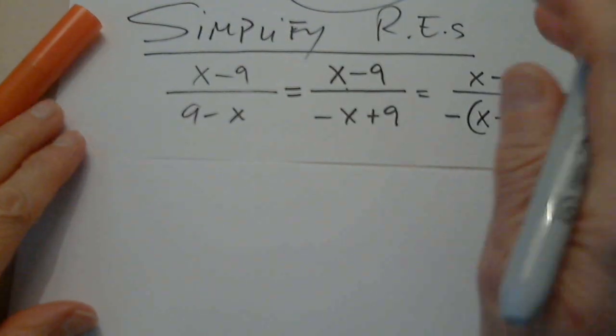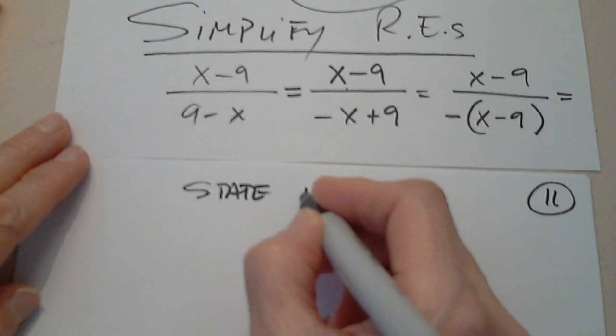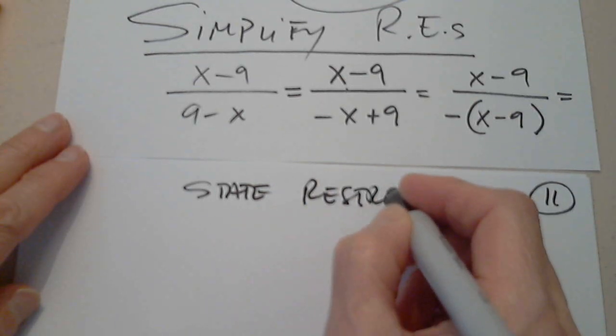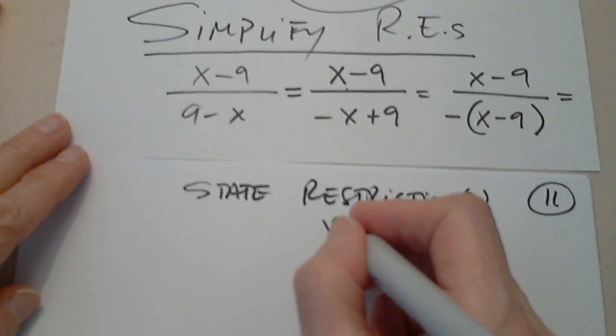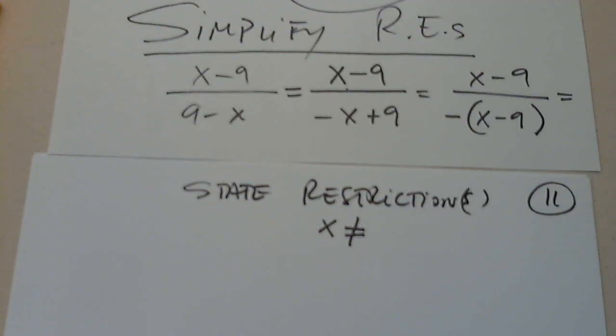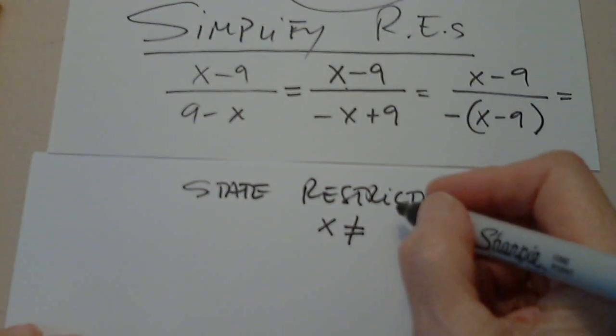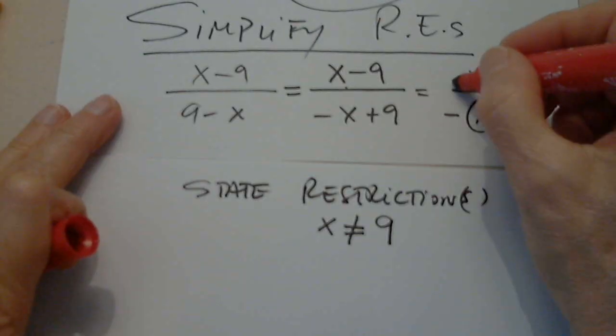Do not simplify before we state restrictions, or restriction. What is the value that x cannot equal? 9. Exactly.